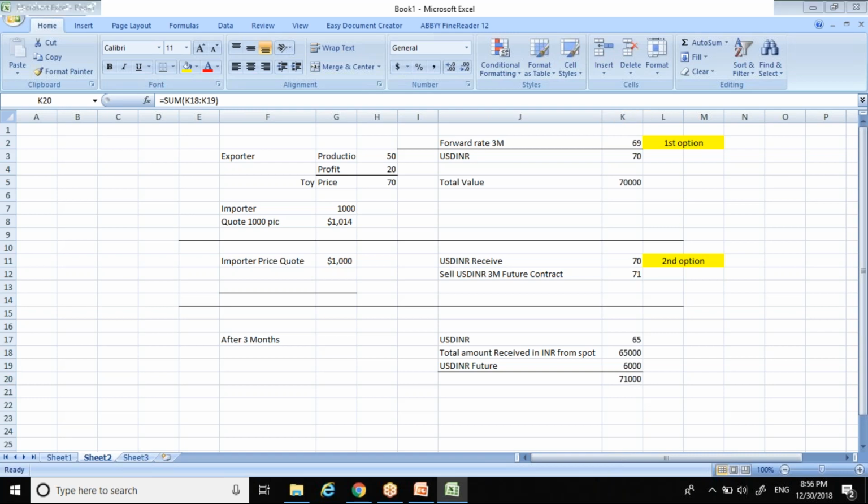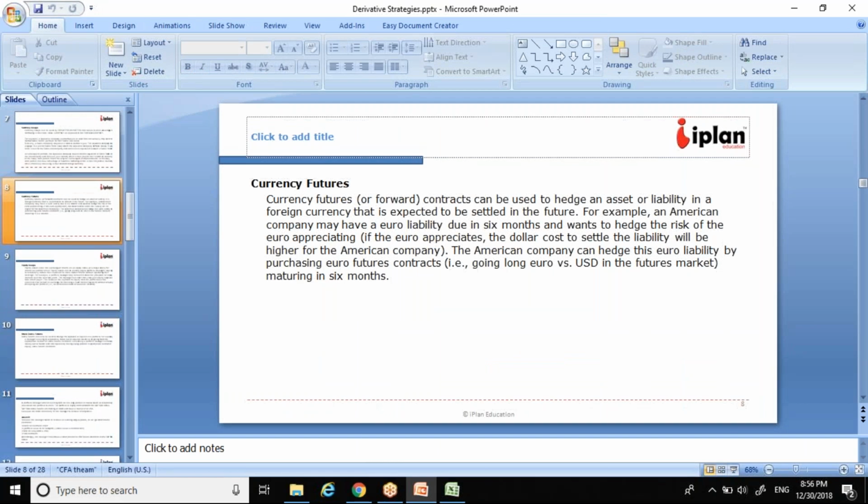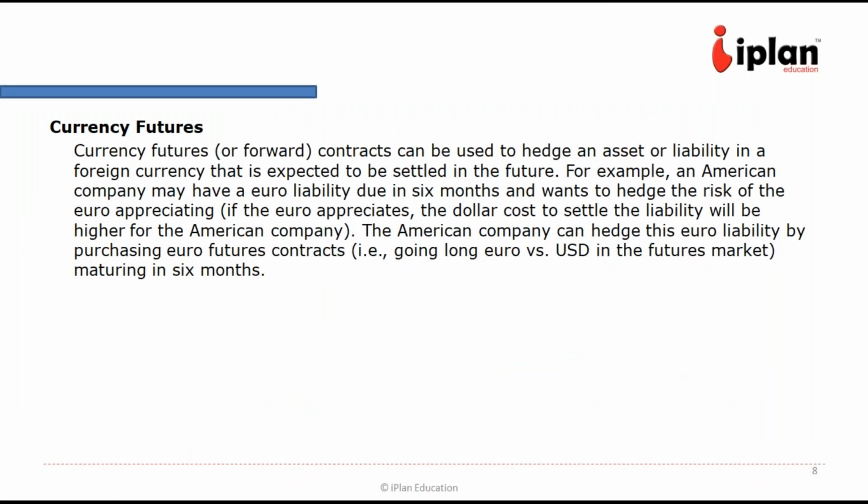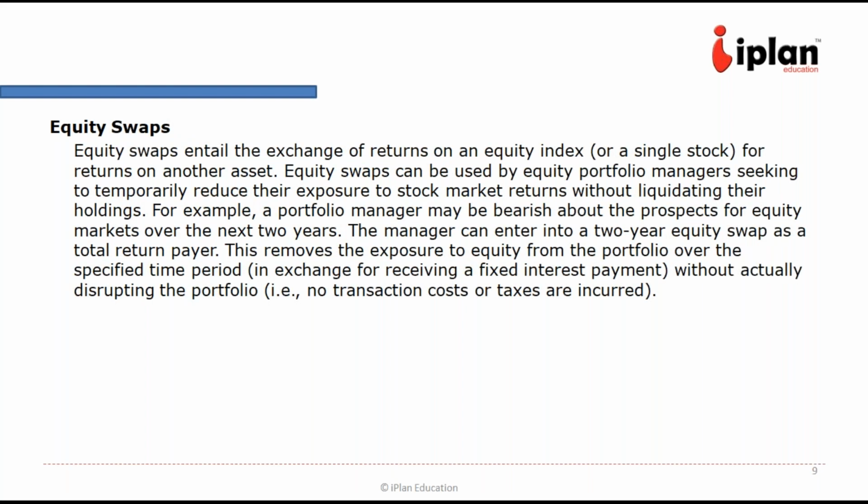So by getting into a hedge position, okay, in currency future also, you can reduce the portfolio risk. Now, then we have equity swaps also. Equity swaps entail the exchange of returns on an equity index or a single stock for the return on another asset.